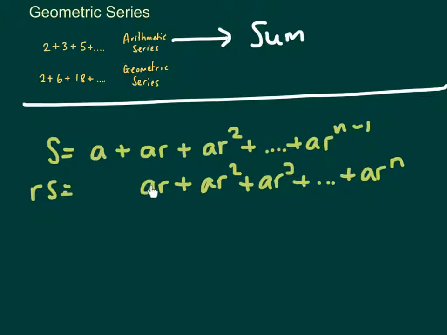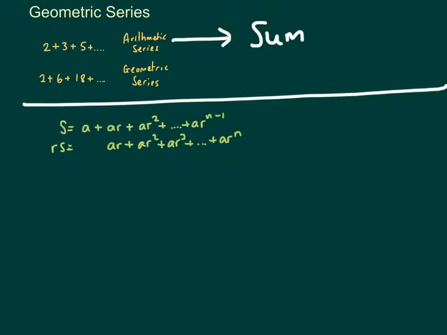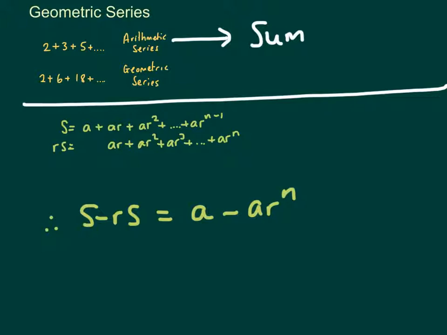So we get ar plus ar squared plus ar to the power 3, and so on. So that middle group of terms, if we subtract them from each other, will cancel out. So if I do s take away rs, I'm doing the top expression take away the second one, I'll be left with an a. This stuff in the middle cancels, and I'll be subtracting ar to the power n.